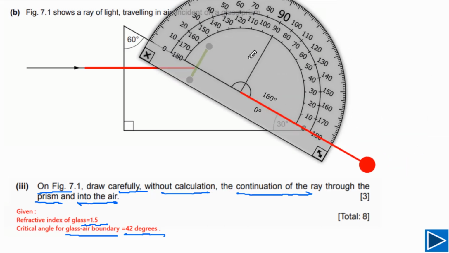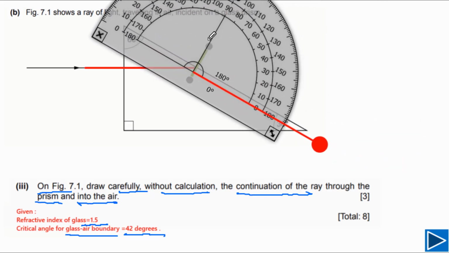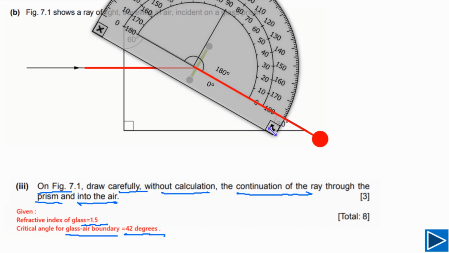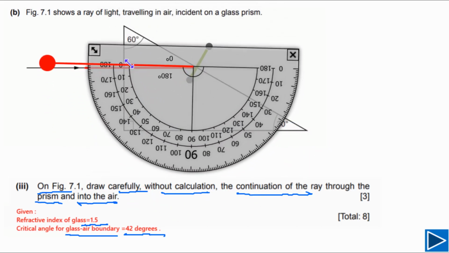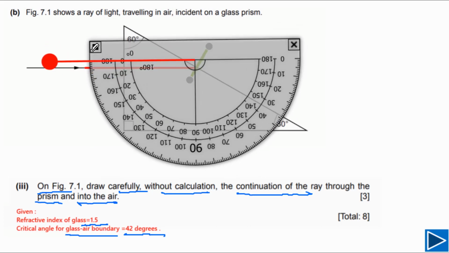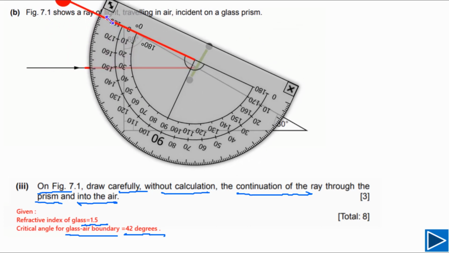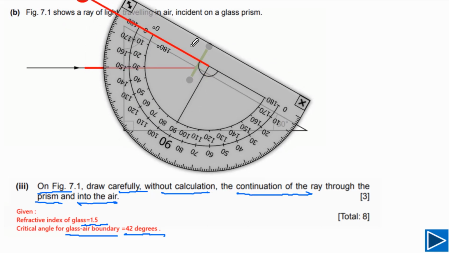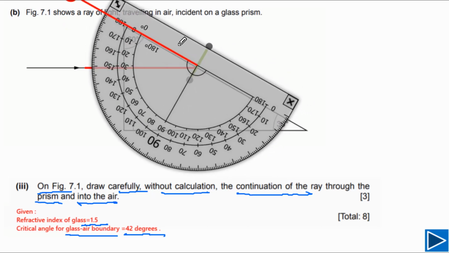Now we need to find out the angle of incidence. In order to find the angle of incidence, we can rotate this and align this one with the normal. So let me align this. So this is how you need to align. Now we need to find the angle of incidence.